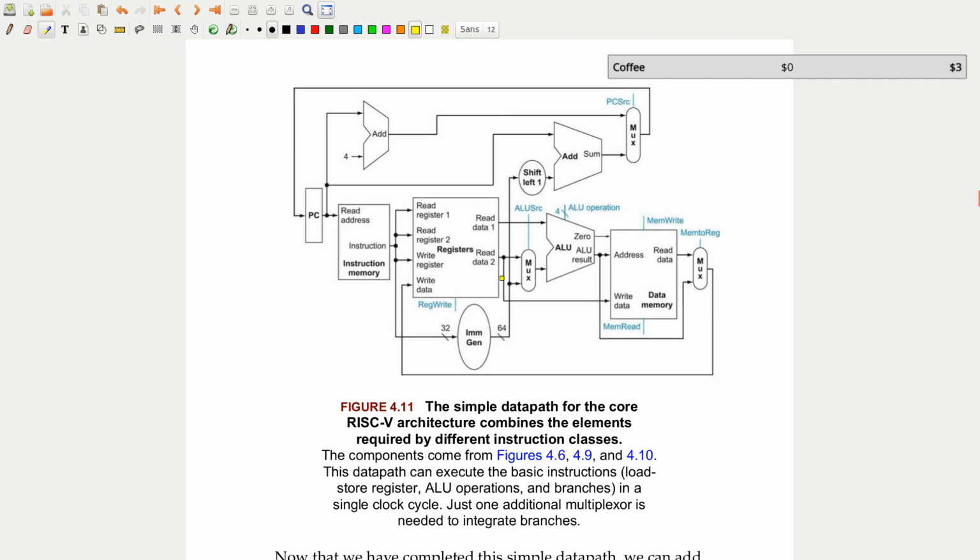Very good. Now, if we add all these things together, we get this simple data path for the RISC-V architecture for all of the 3 instruction classes that we covered. So we see that we can handle branch type instructions.